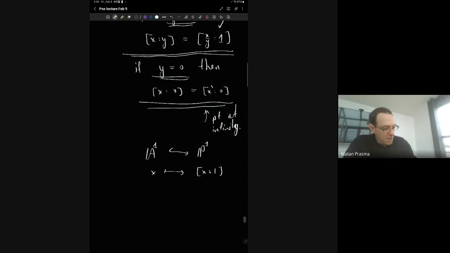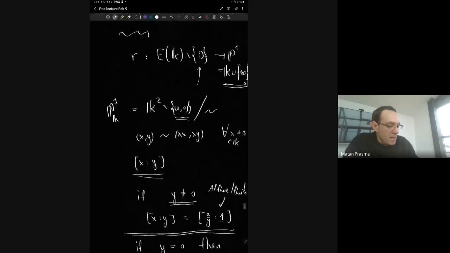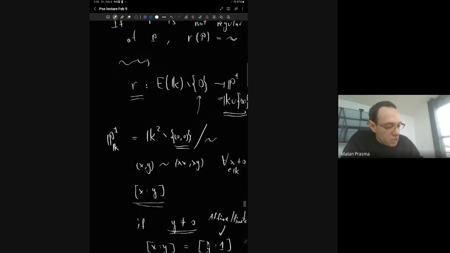So in fact, I can look at a rational function as an actual function, but when I modify the range to be P1 instead of k. But to get the complete picture, I would want to define the rational function on the point O, because this is the natural thing to do.